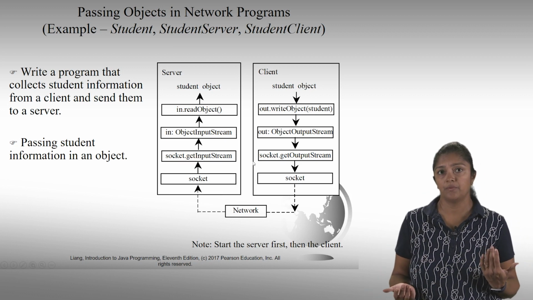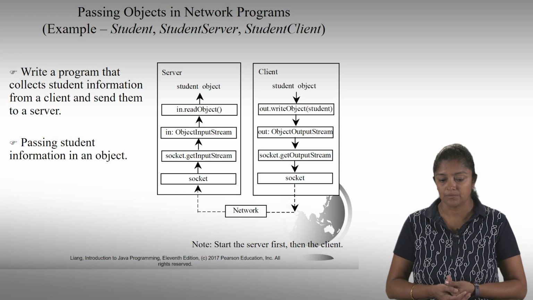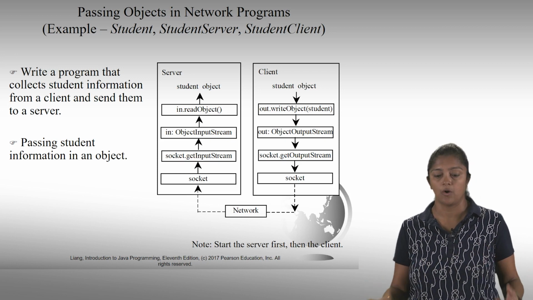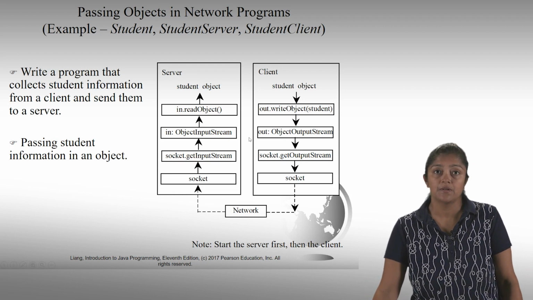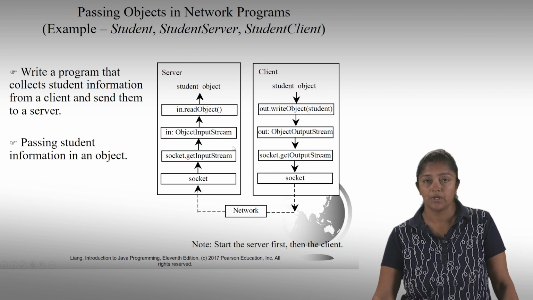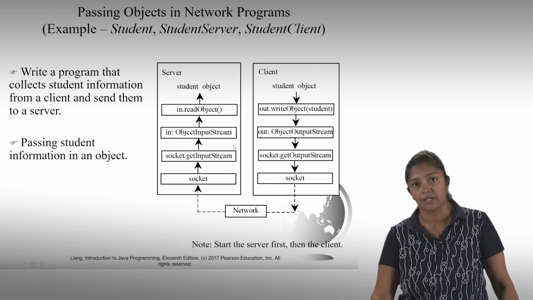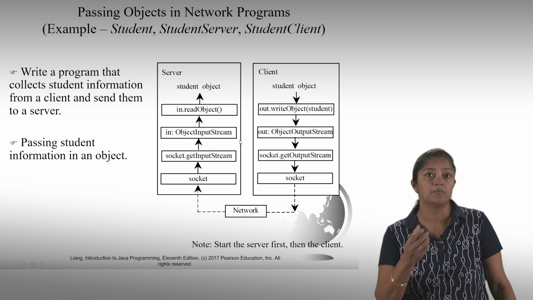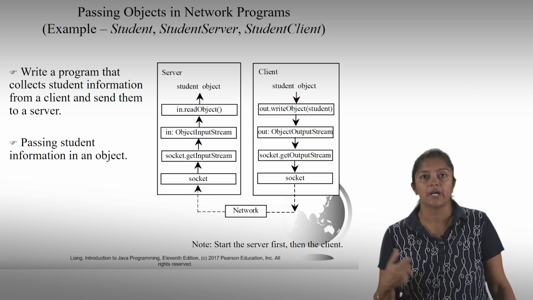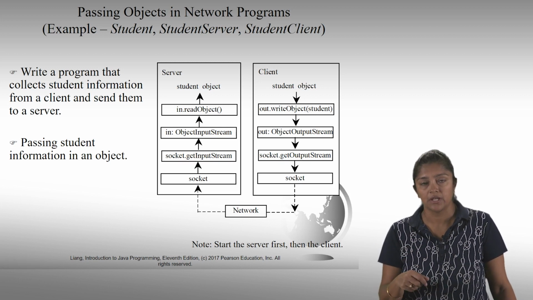That can be done. We have to use the object input and object output stream, but everything else remains the same. So instead of data input and data output stream, we use the object input and object output stream, and we're able to pass the whole student object across the network.